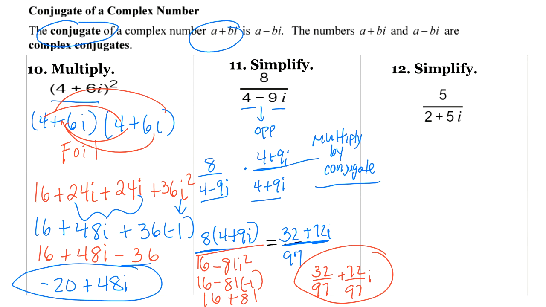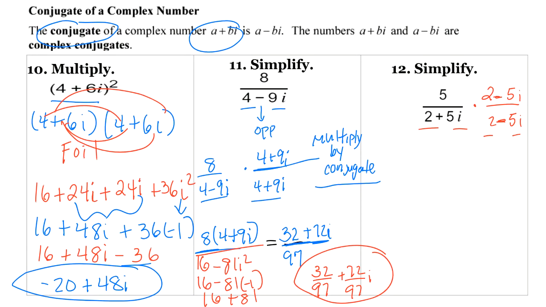Now moving on to 12, the same, I need to get rid of the i in the denominator. So I just multiply by the opposite sign. So keep the numbers the same, but change the sign.